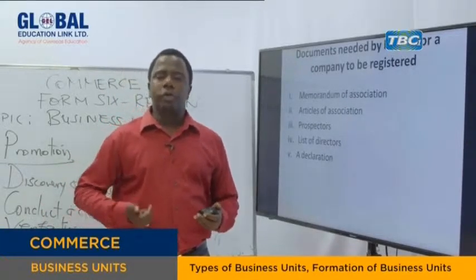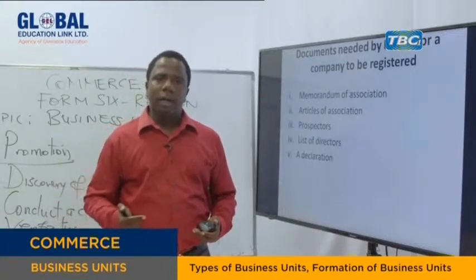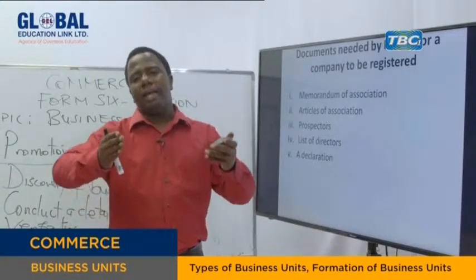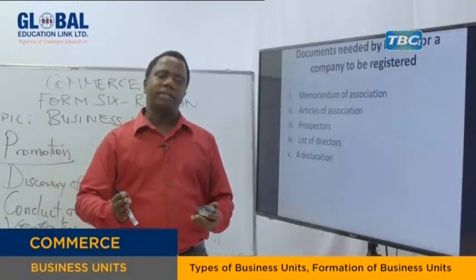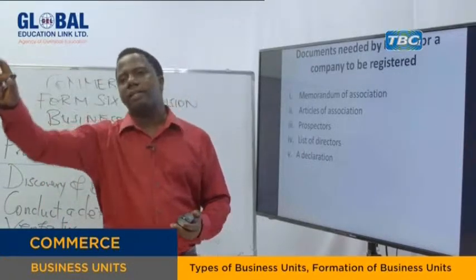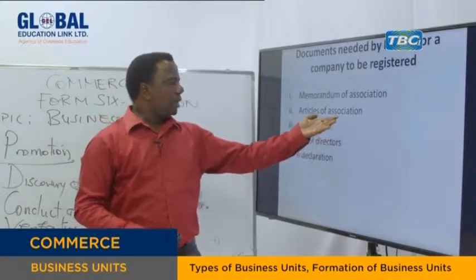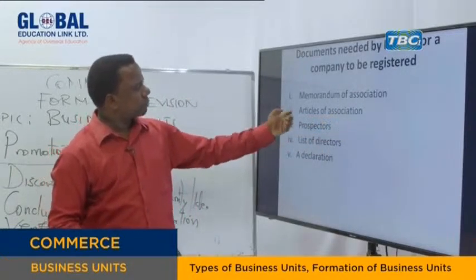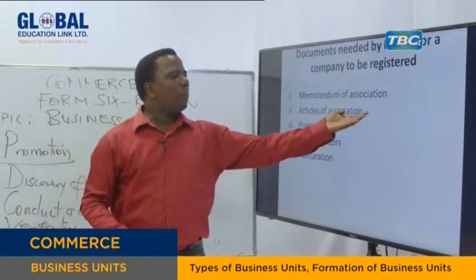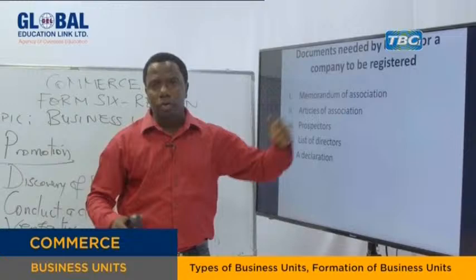It shows the objectives of a company. It gives a limit to a company, that a company will be doing this, this, and this, and not that and that. While the Articles of Association is for internal operation, the Memorandum of Association is for external use.